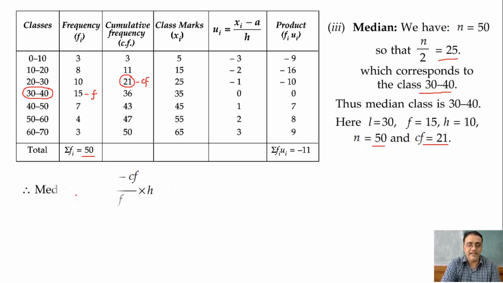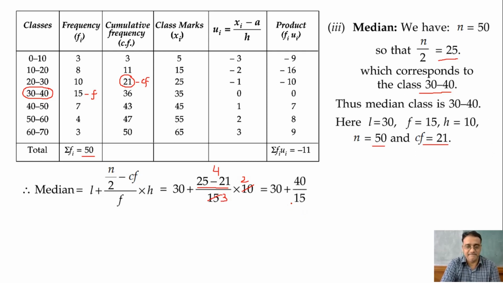After that we will write the formula. Now we'll substitute: 30 plus (25 minus 21) upon 15, into 10. If you subtract these two, you will get 4. We can also simplify here: 5 twos are 10, 5 threes are 15, so 8 by 3 we are getting.